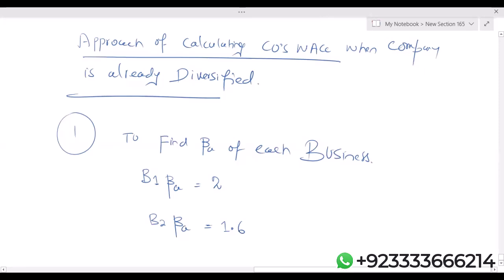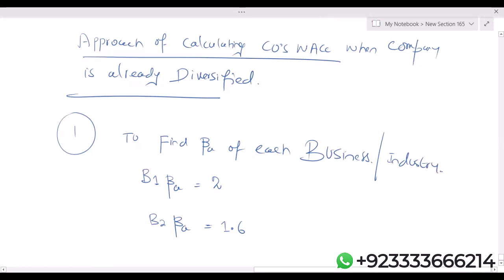One possibility, examiner might give you the straightforward information. Otherwise, your examiner will definitely give you the proxy company's information in each industry. So it means to find beta asset of each business, to find beta asset of each industry.